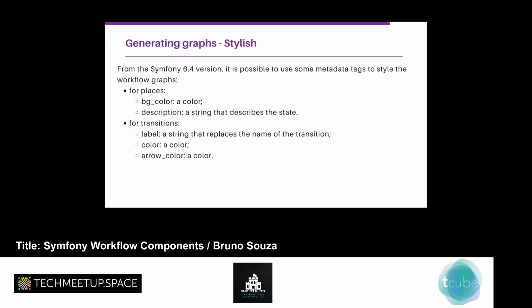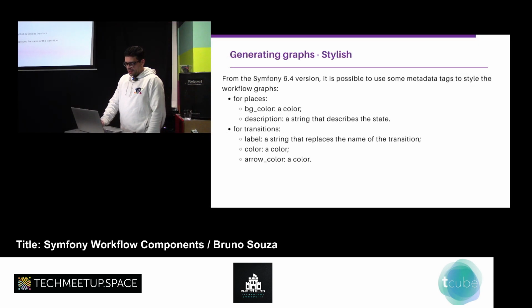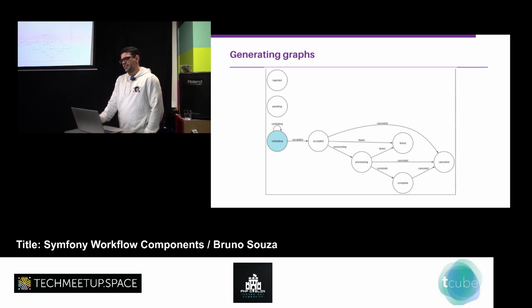But from Symfony 6.4, it's also possible to use some metadata tags to style the workflow graphs. Because if you get the workflow like this, it's interesting, but it doesn't have colors. You can have more things here.